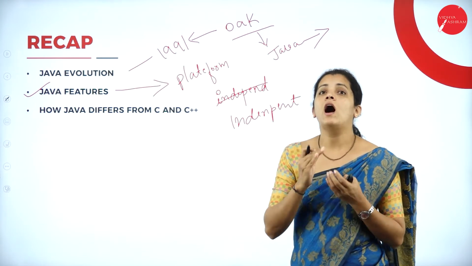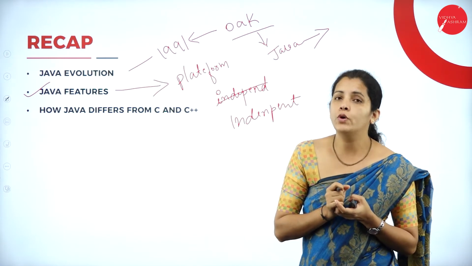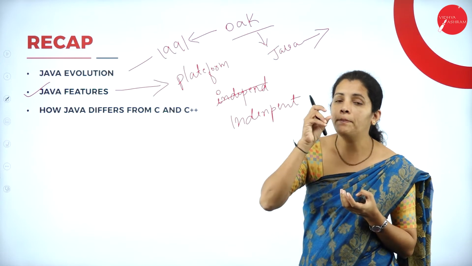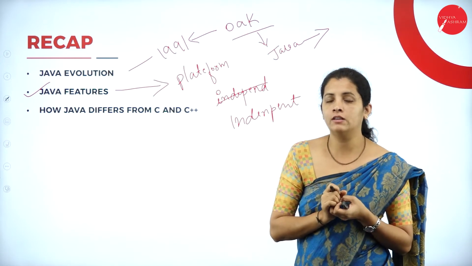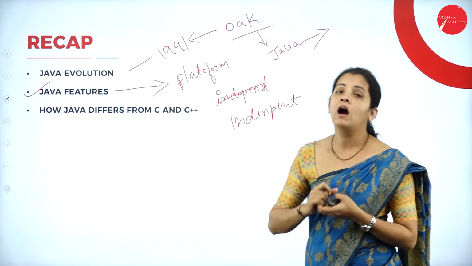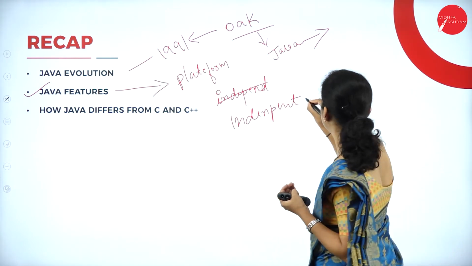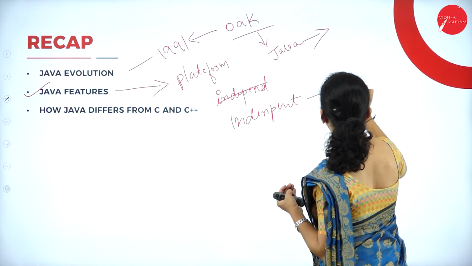That means after compiling, whatever object code I get is dependent on the particular machine. But in Java, after the compilation, what we get is nothing but the bytecode.